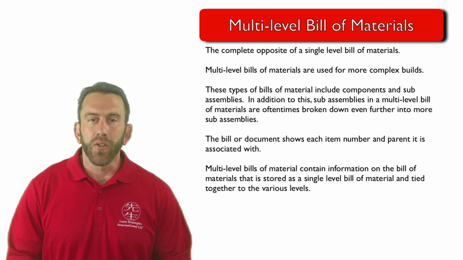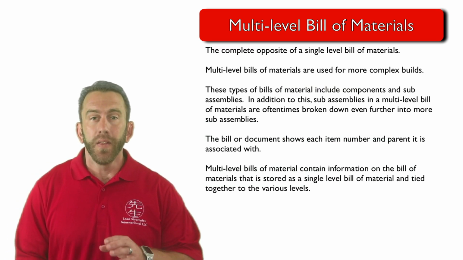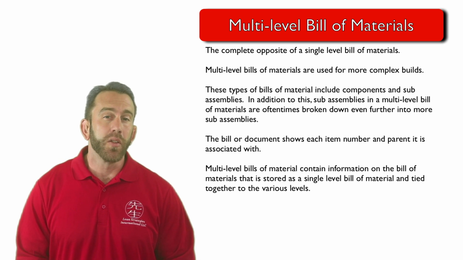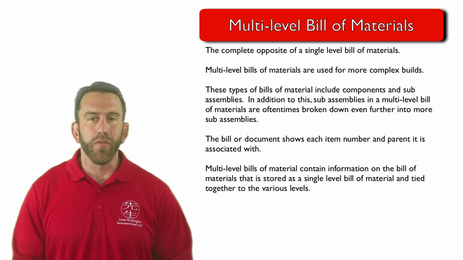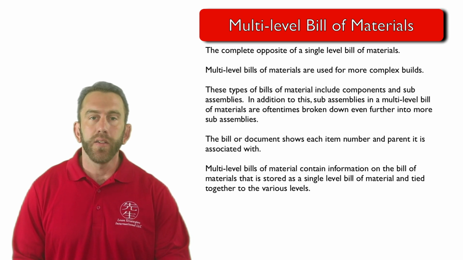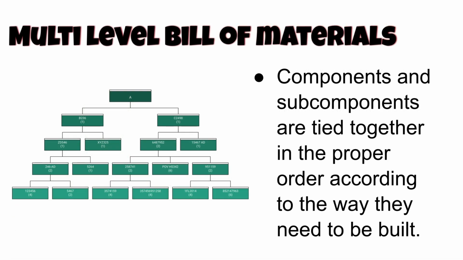One unique thing to note about multi-level bills of material is that the information on the bill of materials is still generally stored as a single-level bill of material and tied together at the various levels. The components and subcomponents are tied together in the proper order according to the way they need to be built.